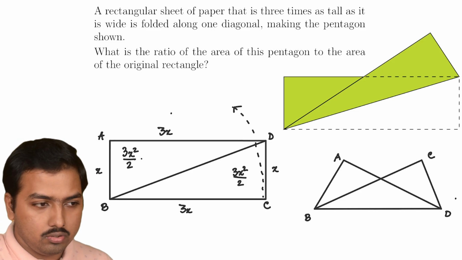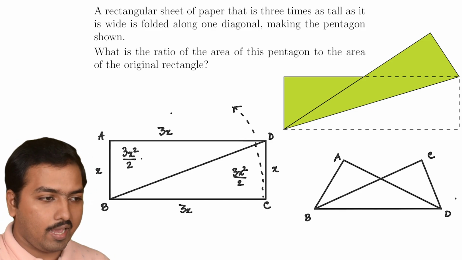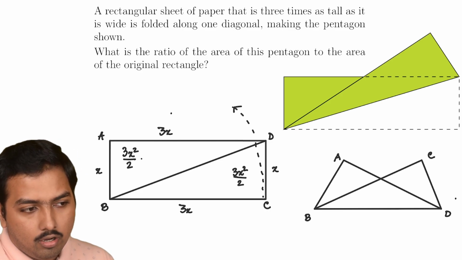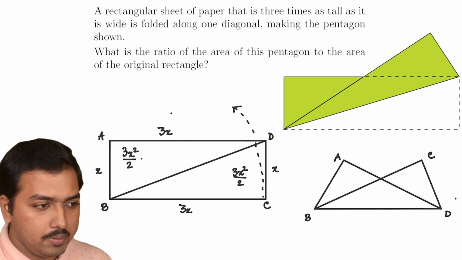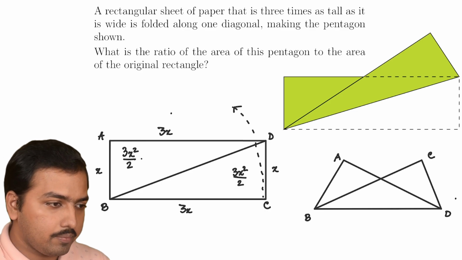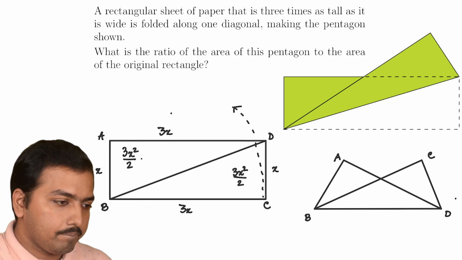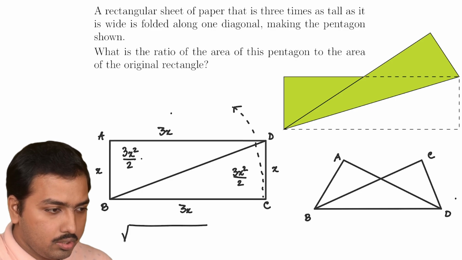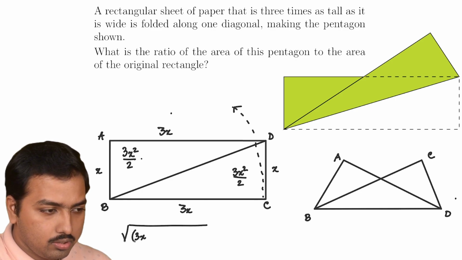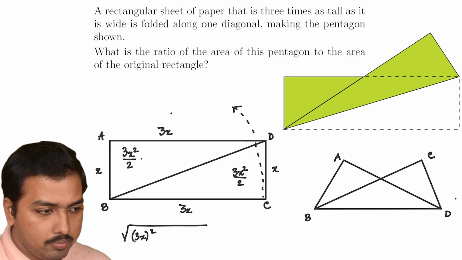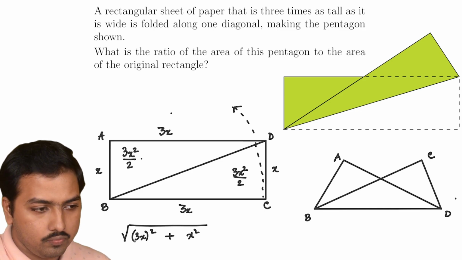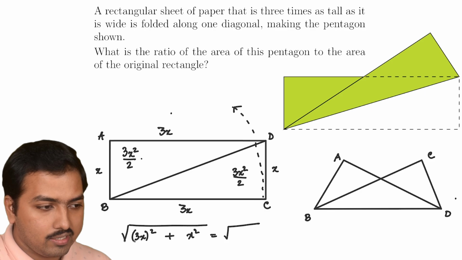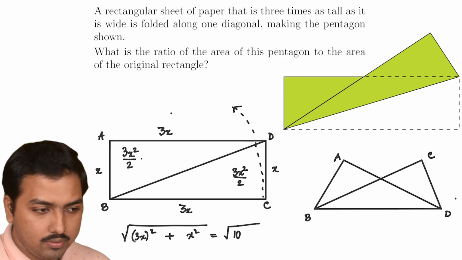So before we move further, let's gather the information we have. For example, the length of the diagonal. Using Pythagoras theorem, we can directly find it: square root of 3x squared plus x squared, which will give us root over 9x squared plus x squared, which is 10x squared.